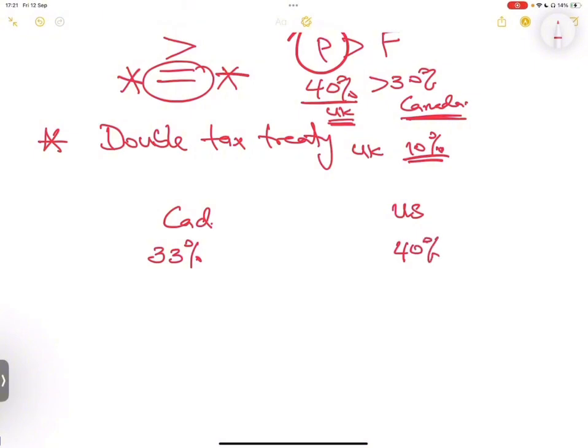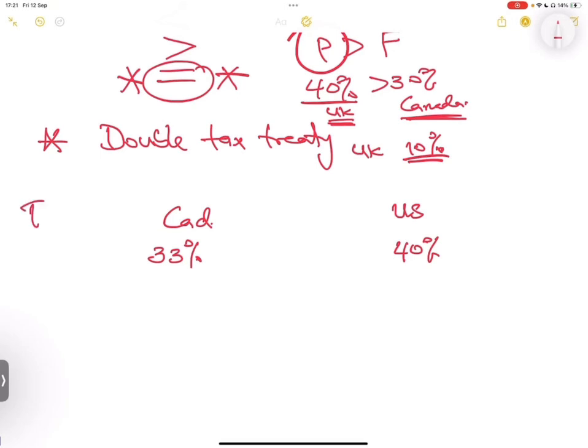For tax purposes, by the time you have gotten your cash flows, definitely you get them in the US because it's a US investment. However, you have to do the appraisal in Canadian currency, which means you need to assess that investment as a Canadian company because they're a Canadian headquartered company.